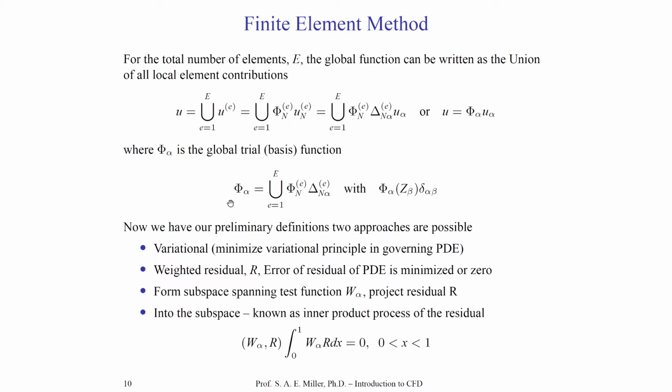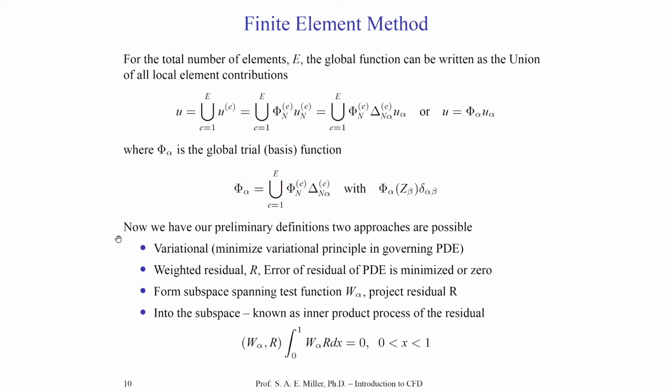This is a very complicated way of writing it, but you can just imagine that we would just take the union in the algorithm for each basis function with its Boolean matrix, and then of course multiply through by U for each particular element. And we would have our global solution. This is done in a discretized approach in the computer. So we'd of course replace our union with a summation, that is this loop, like a for loop or do loop in a computer program.